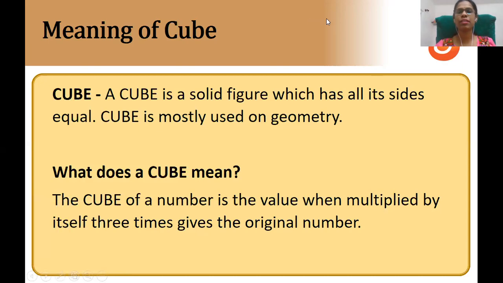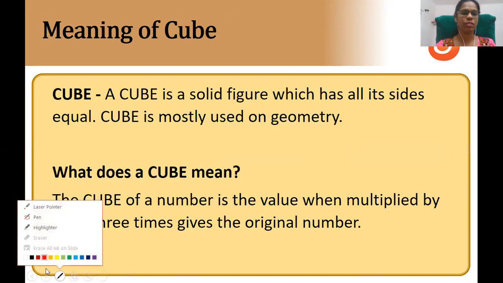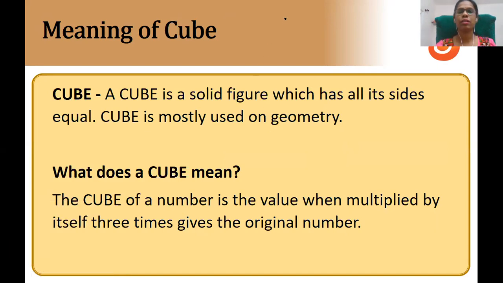This is my perfect square, which has equal length in both the sides. This is a rectangular shape which has both length and breadth equal.